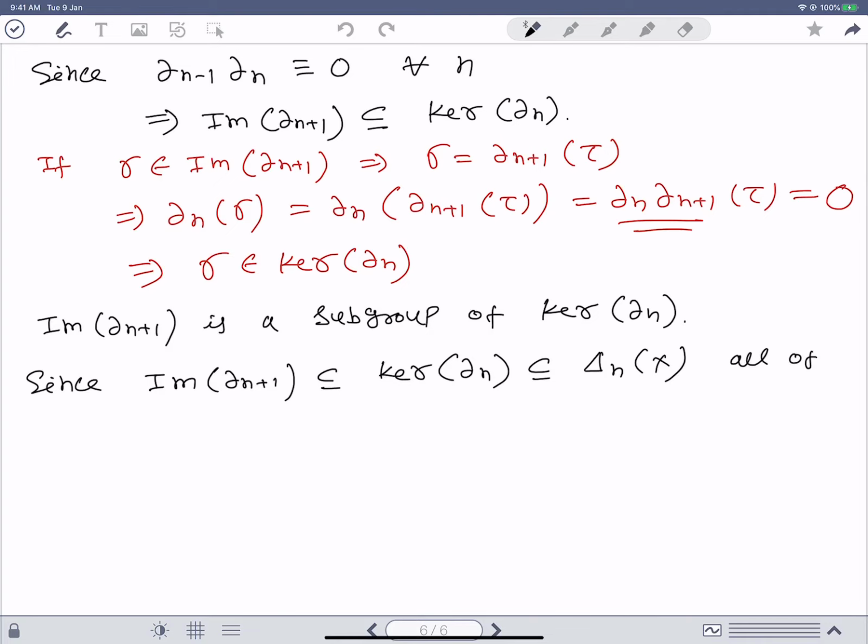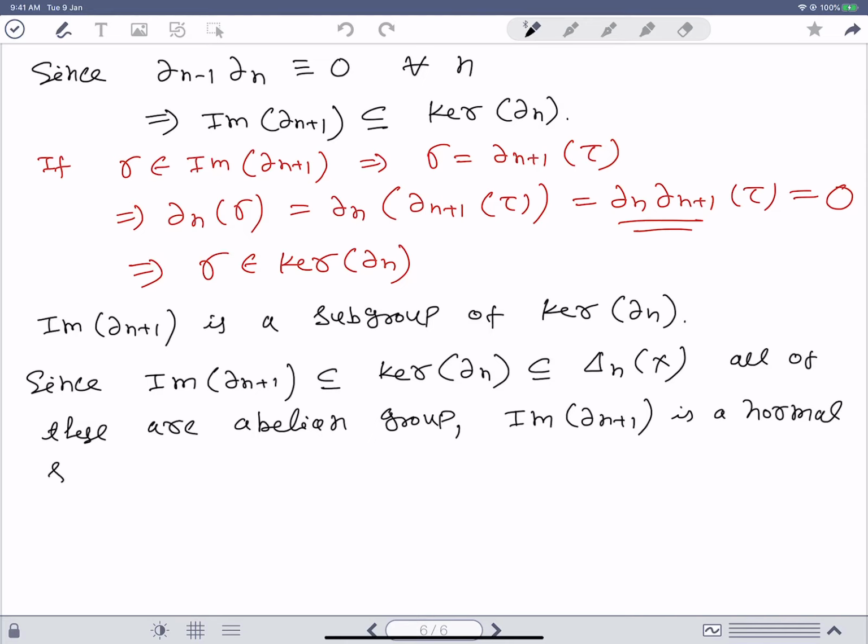All of these are abelian groups, so we can say that this image of del n plus 1 is a normal subgroup of kernel of del n.